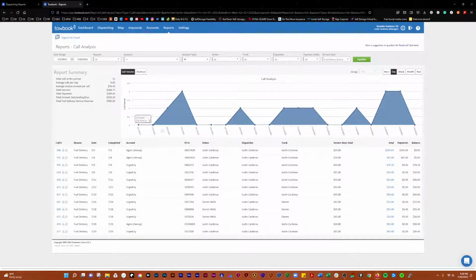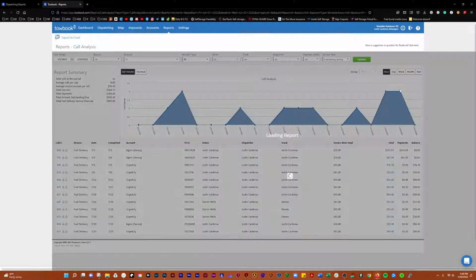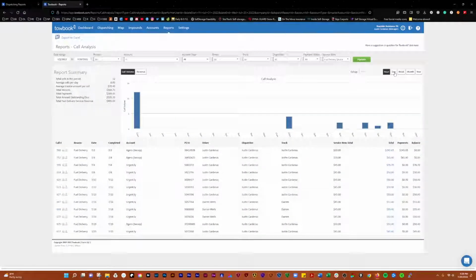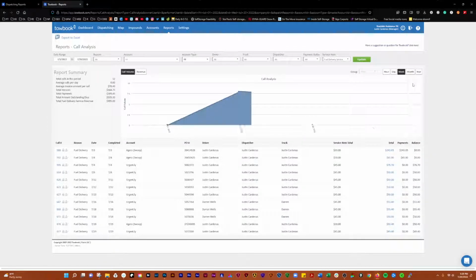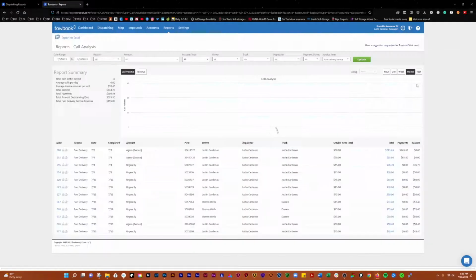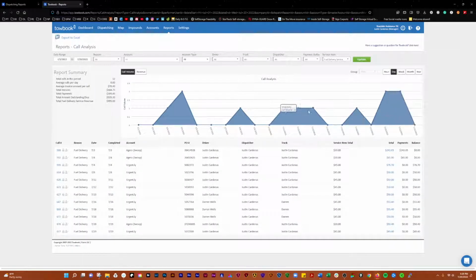You can also break it down by call volume. You can kind of see throughout the hour, the day, throughout the week, the month. I'm going to give you a month because we're just looking at a month, but you can kind of look at it by the day. You can also use this for planning purposes, like for scheduling when you want to have drivers on duty, if you need more guys during certain times of the week.